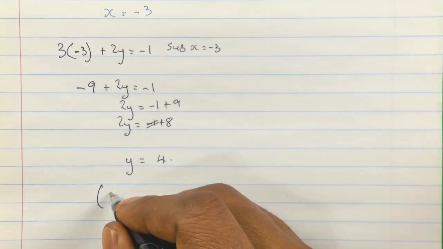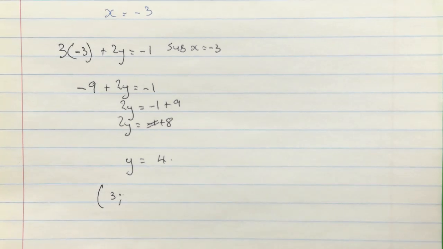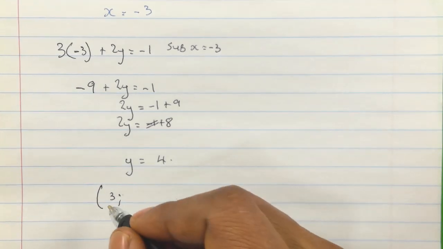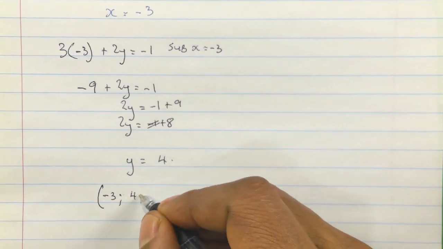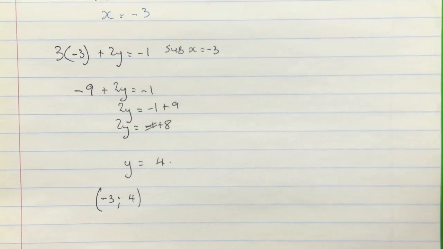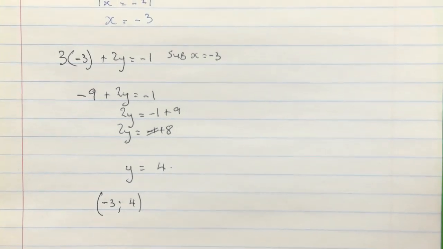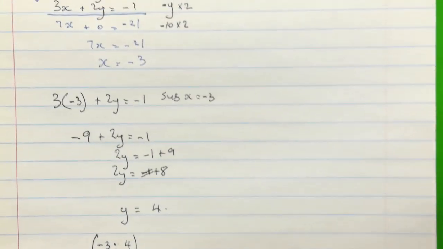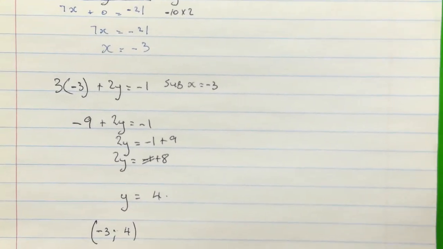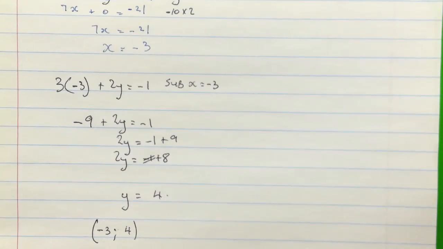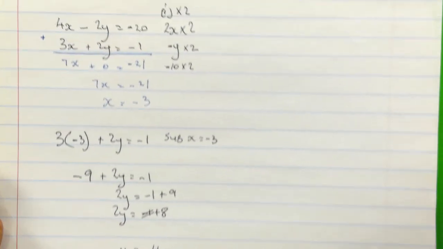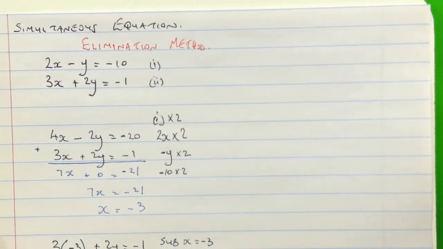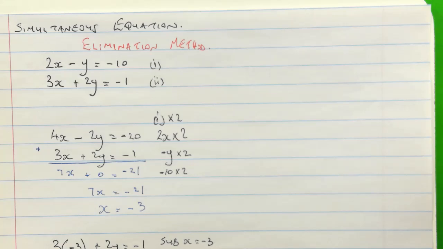We can say if I have negative 3 for my x, and I have a 4 for my y, those equations will become equal. Okay. Right. So that's the elimination method, isn't it? Okay. Now let's do the substitution method. You can decide what you want to do.